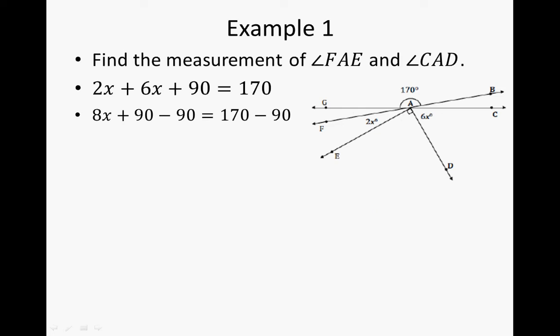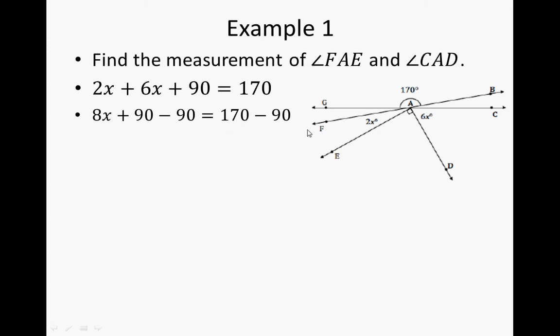So now, collecting like terms, we would have 8x, and also in the same equation, we can also subtract 90 using our subtraction property of equality, so that we can start isolating x.